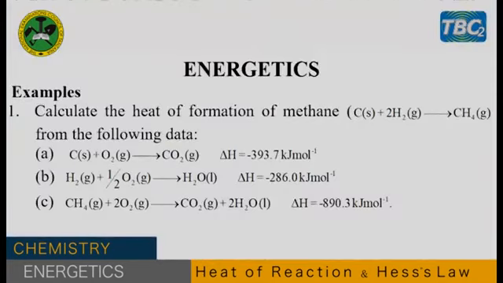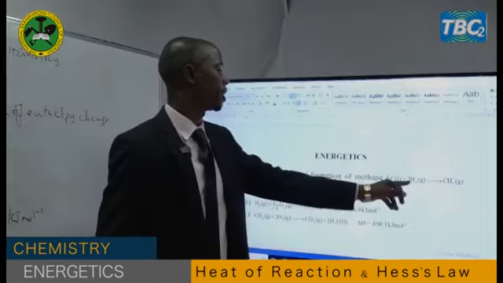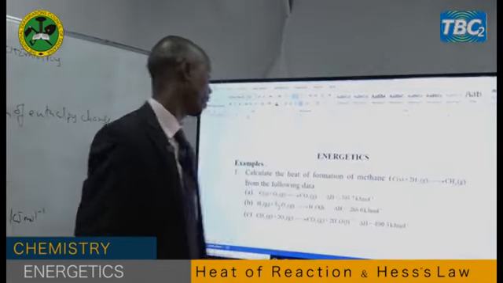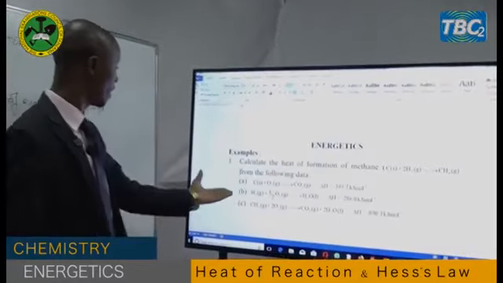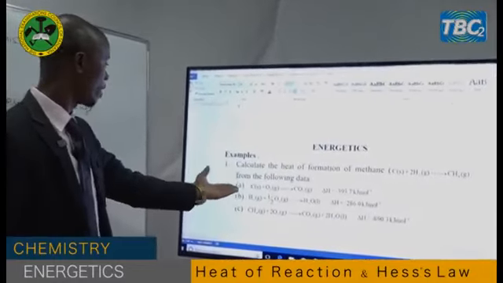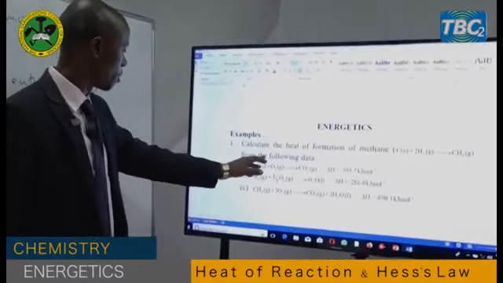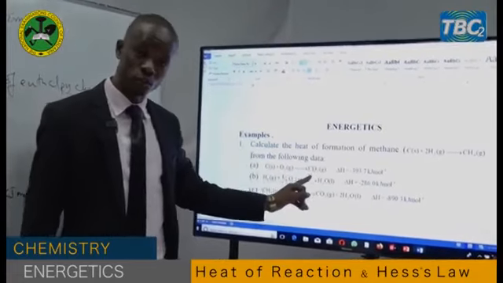The first example says, calculate the heat of formation of methane from the following data. Methane, which is carbon solid reacting with hydrogen gas to give methane. You have the data there. The first one, carbon solid burns in oxygen gas to produce carbon dioxide.